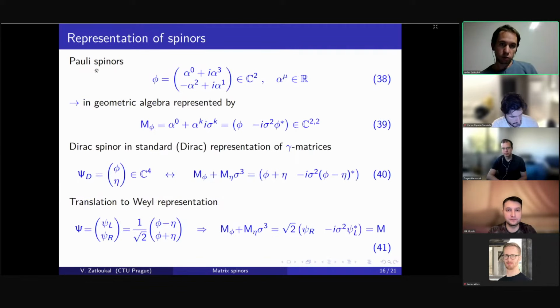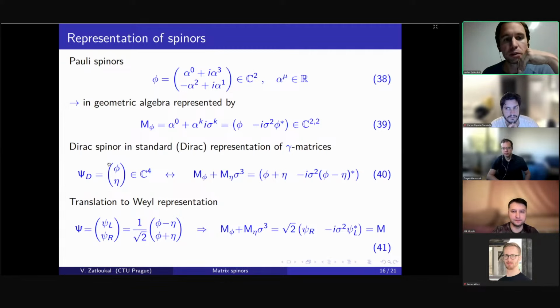So let me recall, for instance, in Doran-Lazenby, this representation of Pauli spinors, so two-component complex vectors in the geometric algebra, and I'm already going to the matrix representation of the geometric algebra, but 39 is basically what they give, how to represent any Pauli spinor in the even subalgebra.